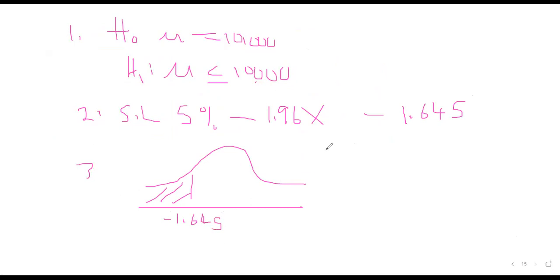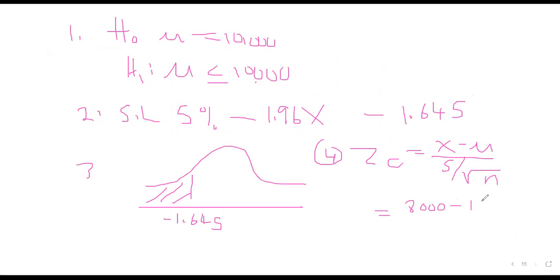Then we're going to go to step 4, where Z calculated is what? Mean minus mu, over standard deviation over square root of what? N. So here we have 8,000 minus 10,000 over the standard deviation, which is what? 500, over the square root of how many? 100 what? Employees.